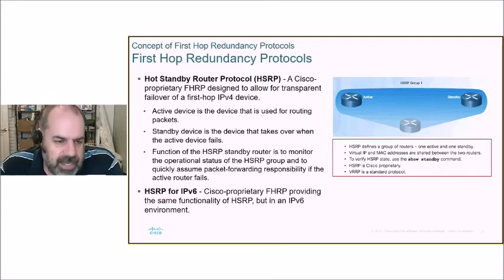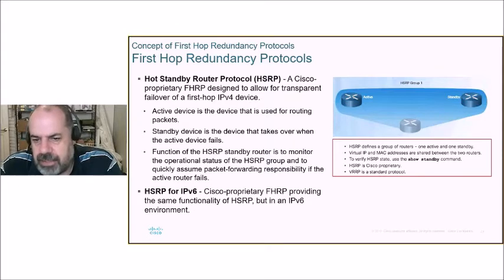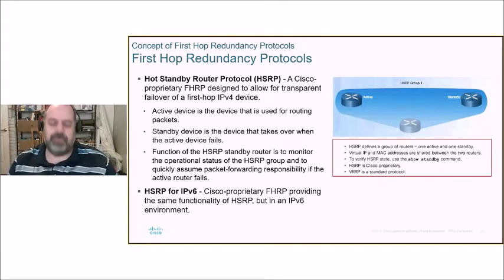There is also HSRP for IPv6, which is basically the same, but redesigned for IPv6. HSRP defines a group of routers, one active and one standby. You have a virtual IP and MAC address that are shared between the two routers. To verify the HSRP state, use the show standby command. It is Cisco proprietary. There is VRRP, which is a standardized protocol, but we're not talking about it today.